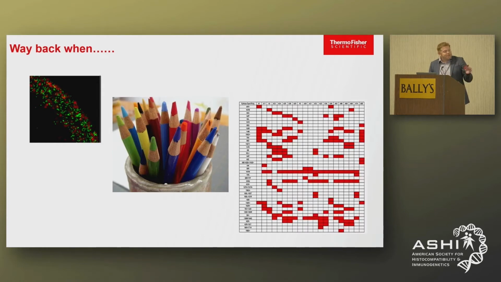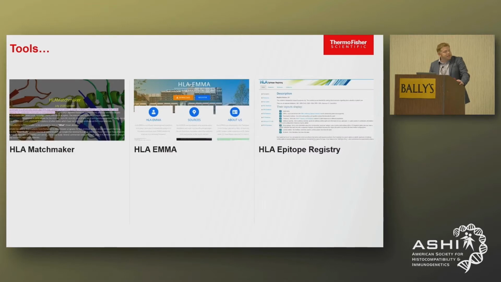And then we progressed and we started to make our own grids and tables. And now we've got some great tools. Many of these are very familiar. We've got Matchmaker, HLA-Emma, and we've got the devisers of that taking part in this symposium today. Many of us will use the epitope registry, and I know there's a big initiative to revamp and standardize that, which we're going to be really pleased to support over the next few years.